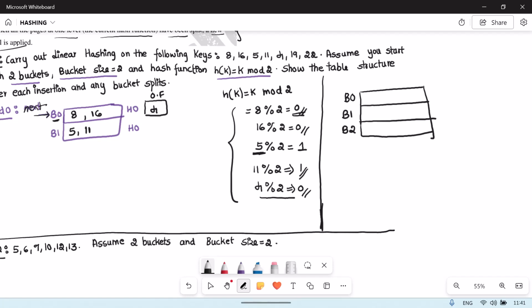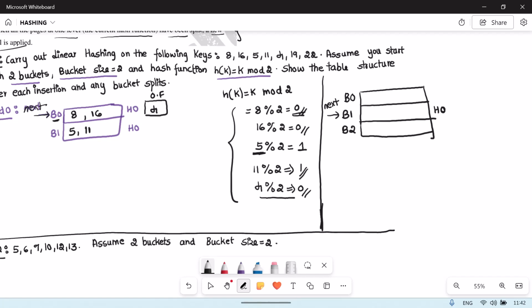B0, B1, B2. Now, initially next was at B0. Now next will come to B1. Also, B1 has not caused overflow, so here it will still be H0.